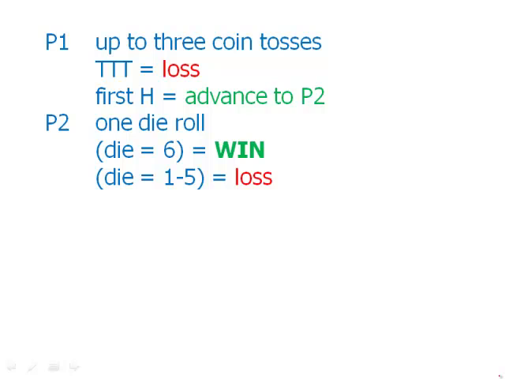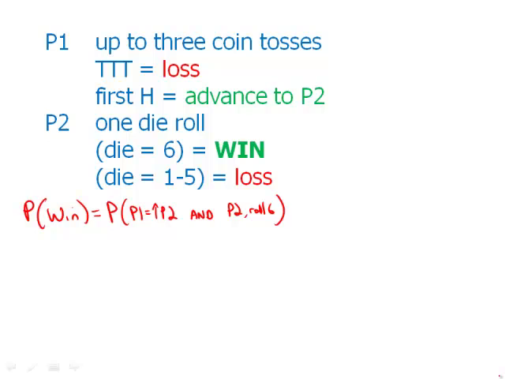So first of all, notice that we're working with coins and dice. Again, very simple things. Whatever I do with the coins is going to have absolutely no effect on what happens with the die. The die roll clearly is going to be independent of the coins. And what this means is that phase 1 is independent of phase 2. So the probability of winning is the probability that phase 1 results in advancing to phase 2, and in phase 2, we roll a 6.